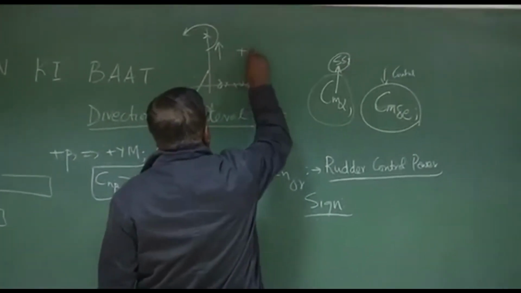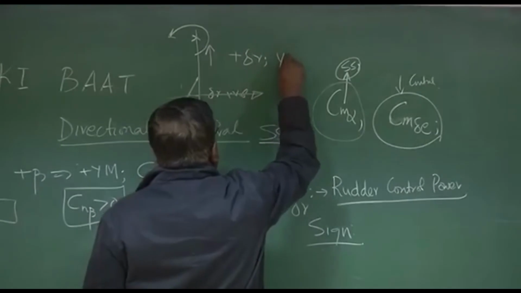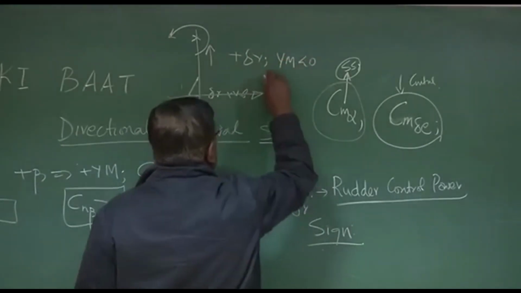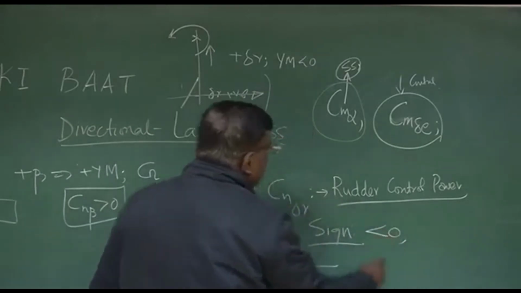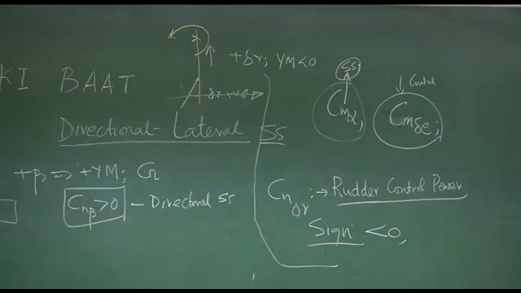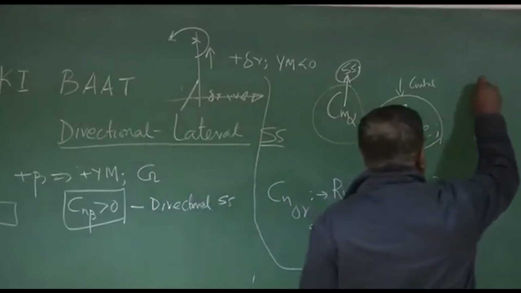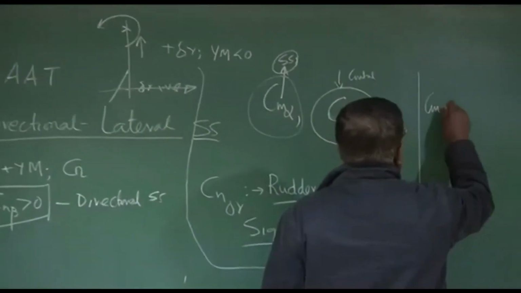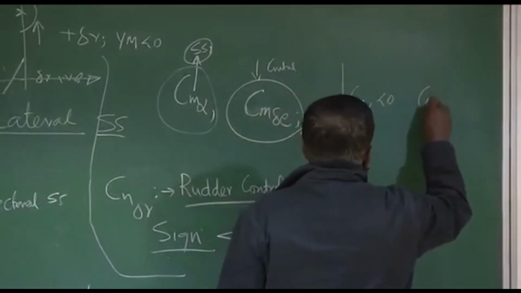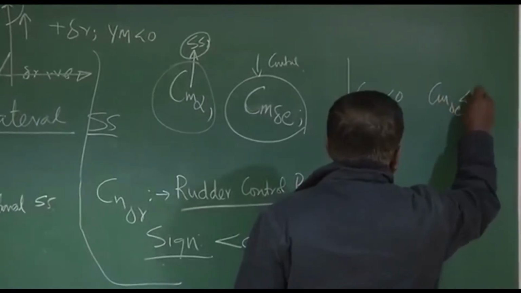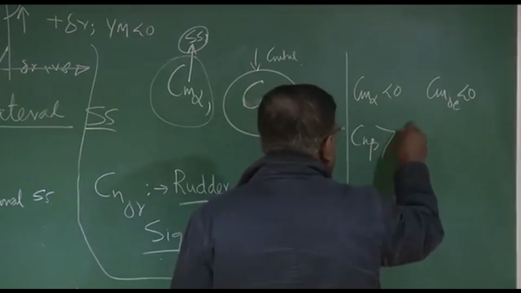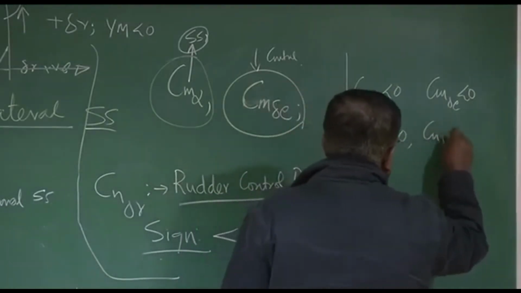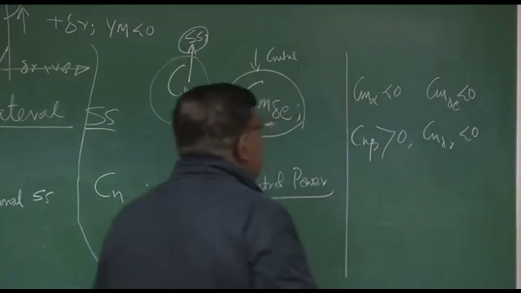So for a positive delta R, yawing moment is less than 0, and hence Cn delta R sign is less than 0. Correct? Please keep at the back of your mind, for the longitudinal case, Cm alpha less than 0, Cm delta E less than 0. For the directional case, Cn beta is greater than 0, and Cn delta R is again less than 0.